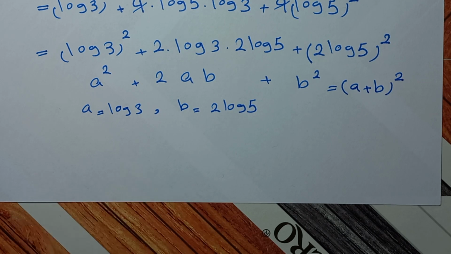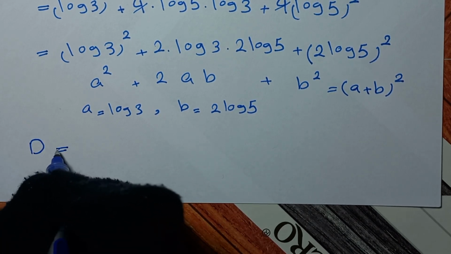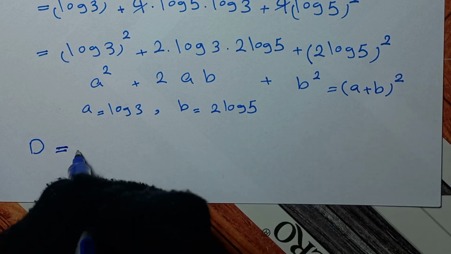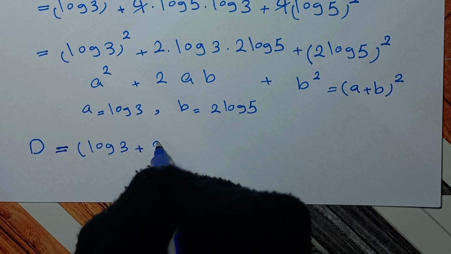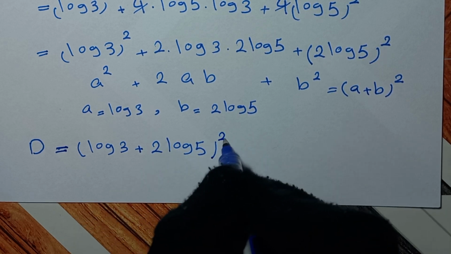So from here the discriminant is equal to (a plus b). A is log 3 plus b is 2 log 5, and to power of 2, right?